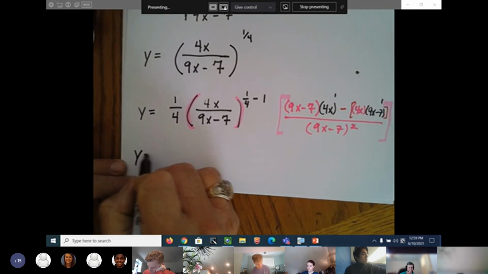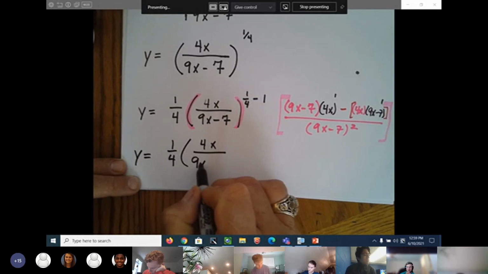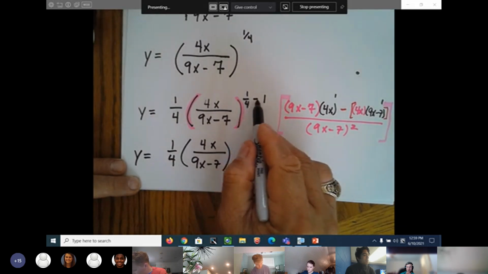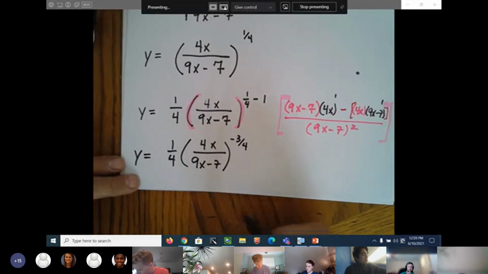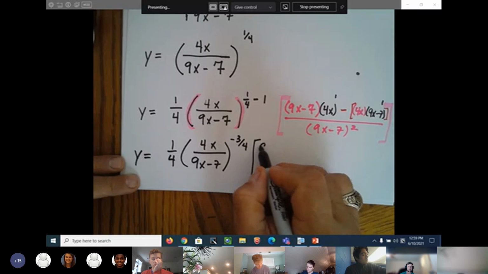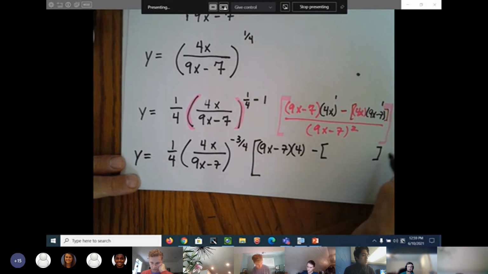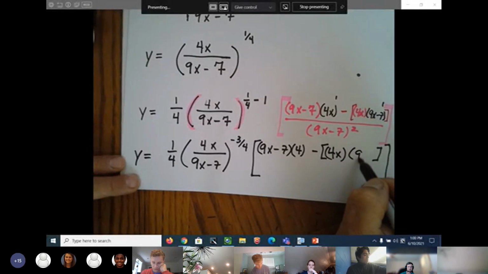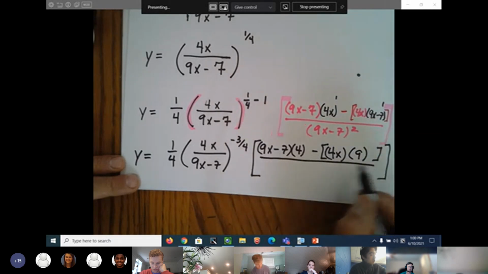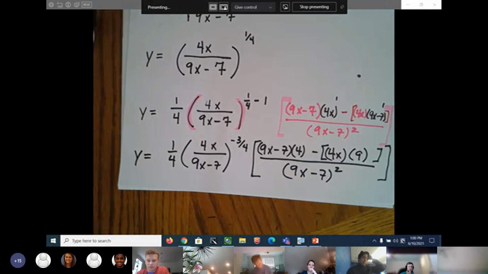Y prime is equal to 1/4 times 4x over 9x minus 7 to the 1/4 minus 4/4, which is negative 3/4, brackets, 9x minus 7 times 4, minus brackets, 4x times 9, all over 9x minus 7 quantity squared. All right? Now simplify. Start simplifying.